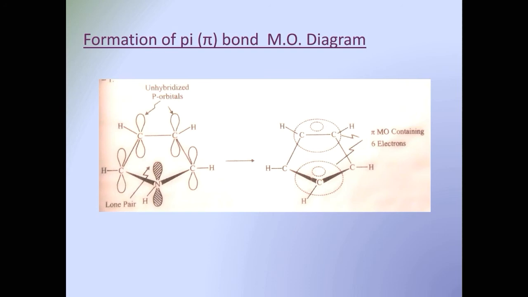So lateral overlapping of these p orbitals gives rise to a delocalized pi molecular orbital above and below the plane of the ring. The pi molecular orbital contains 6 electrons. Due to this, pyrrole shows aromatic character by satisfying Huckel's rule, that is 4n plus 2. Therefore, it has aromatic sextet, which opposes addition reactions and favors electrophilic substitution reactions.